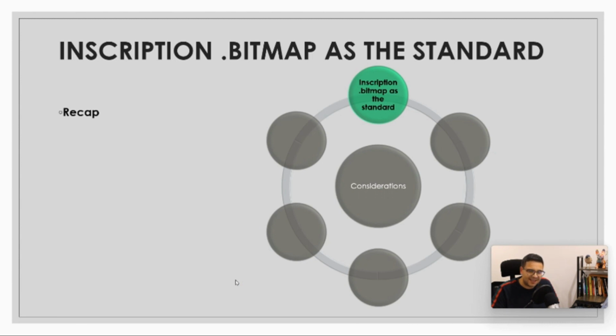But as of today, or as of the moment you're watching this video, or the date that this video goes out, it's the only recognized standard that I feel has the general community consensus to say that this is the one that we're going to use. This is the inscription that we recognize as the most valid to claim ownership of those blocks.